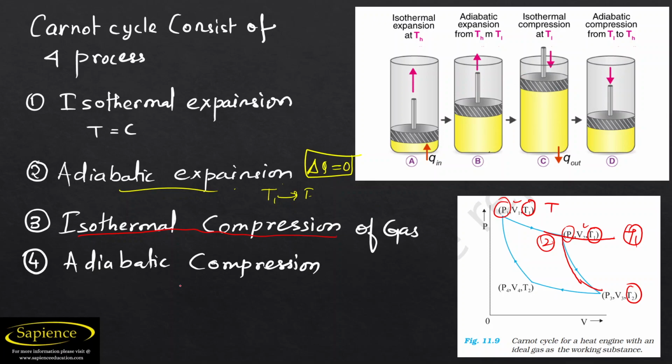Till this point the gas expanded. After that, the gas is unable to expand, so external work has to be done to compress it, so that the gas will come out of this cylinder. This is known as isothermal compression.